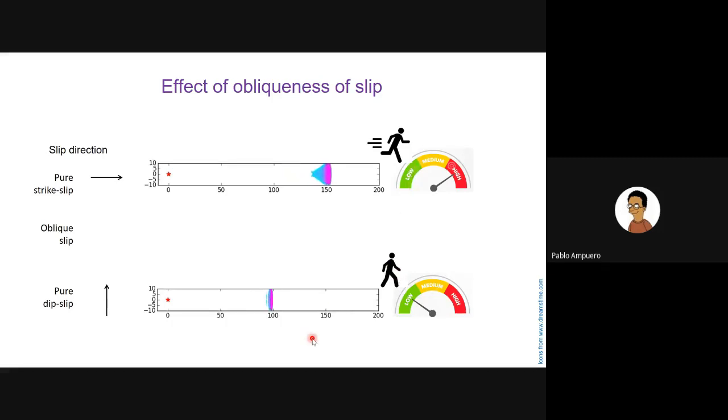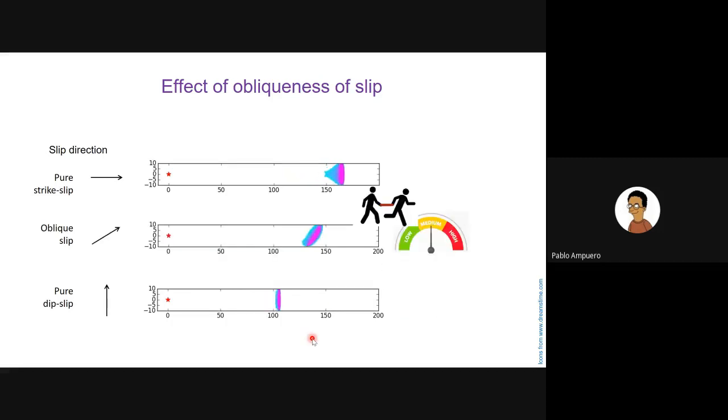Now, if these two runners team up and they run together and tie to each other, well, the faster runner will pull the slower runner a bit faster, and vice versa. So on average, the two of them in tandem will reach an intermediate speed, and they can reach the whole range of intermediate speeds between pure strike slip and pure dip slip.